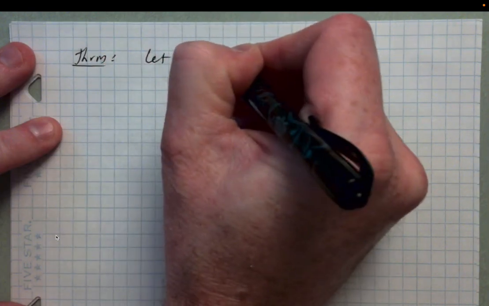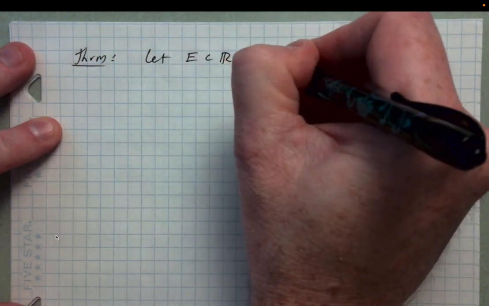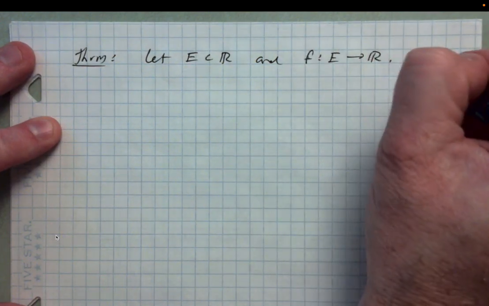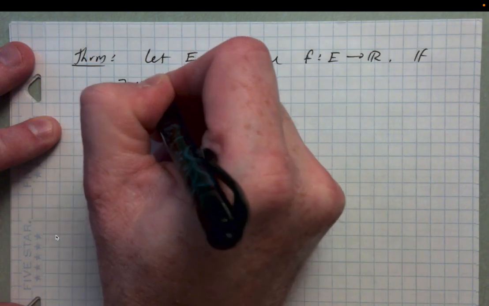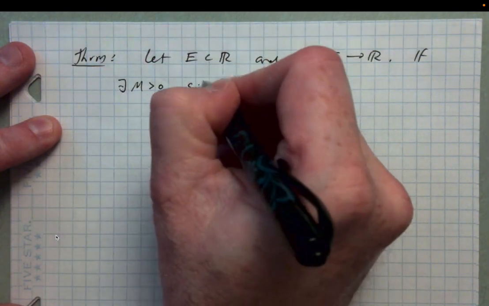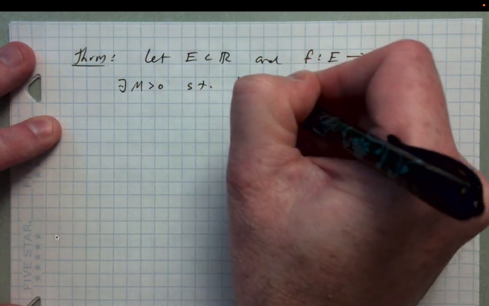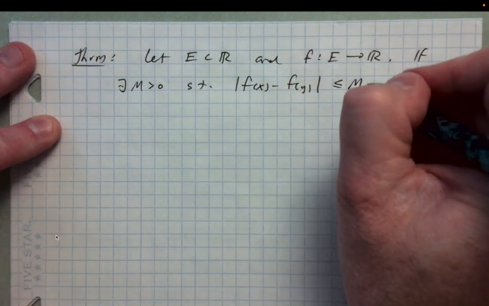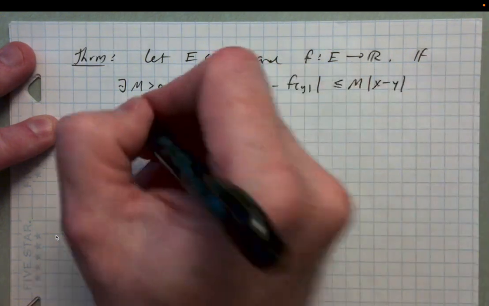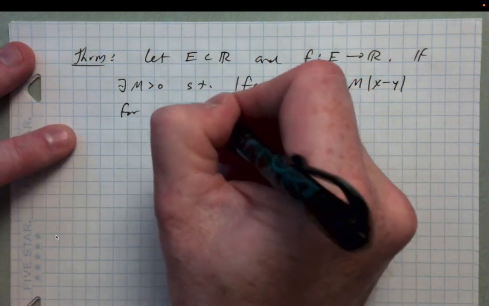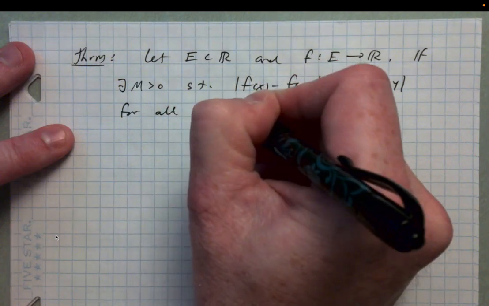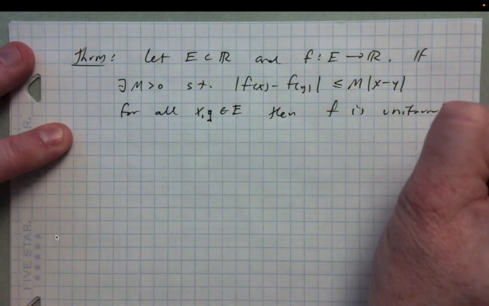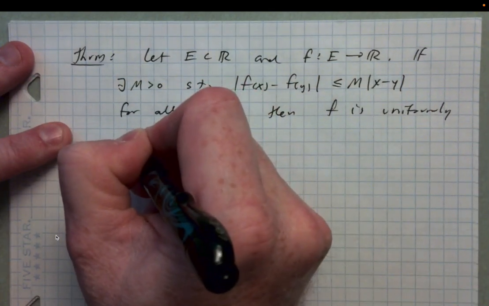Let E be a subset of real numbers and f a function from E to R. Now, if there exists an M greater than 0 such that |f(x) minus f(y)| is less than or equal to M times |x minus y| for all x, y in E, then f is uniformly continuous.